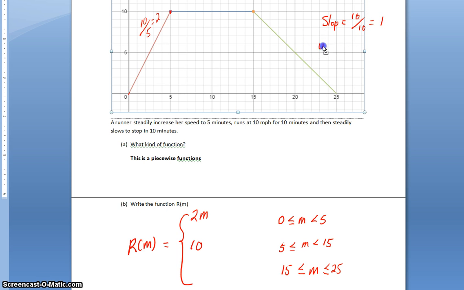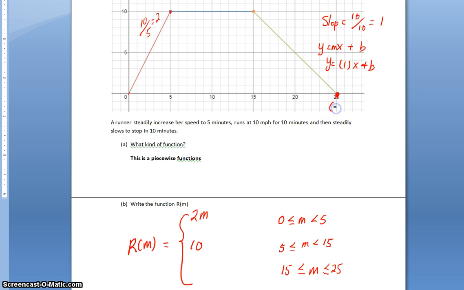I know my equation is supposed to look like mx plus b. My m is 1, so that's why I did not write it. So how do I find b? Pick a point and plug it in. Over here is the point x = 25, y = 0.